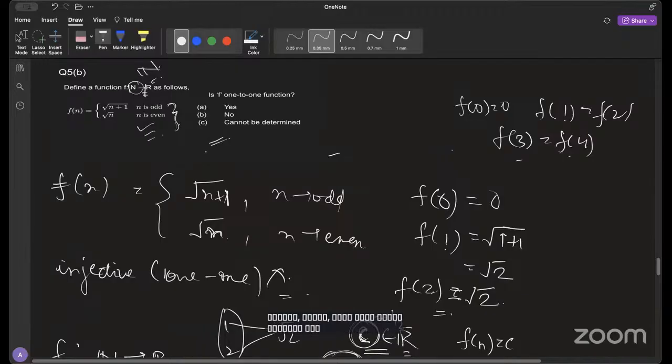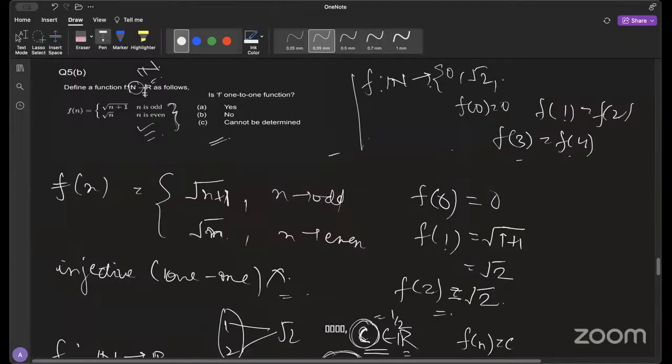So 1-1 it can't be, but slight changes can be made to make it an onto function, like we just discussed. One very easy thing to do is you can just take the 0 here, then root 2 here, then root 3 you don't have to take, then 4 here.